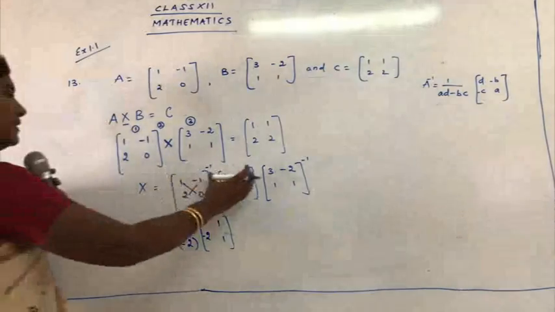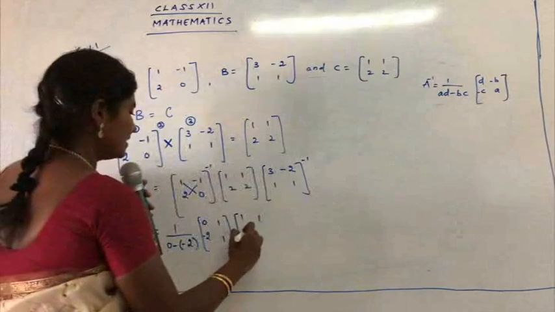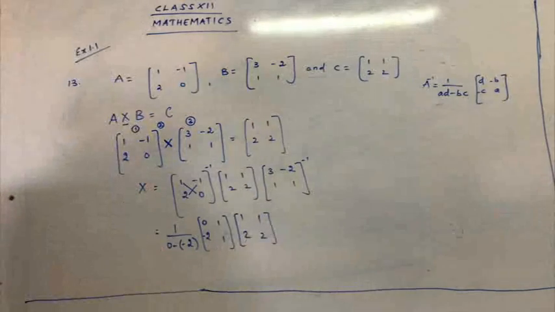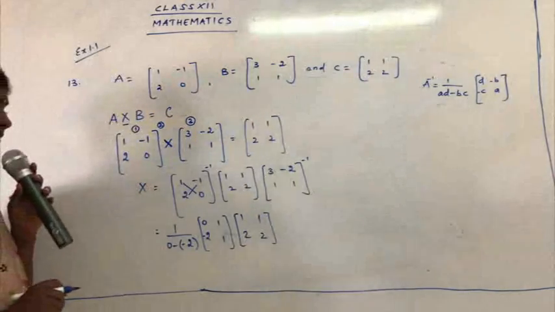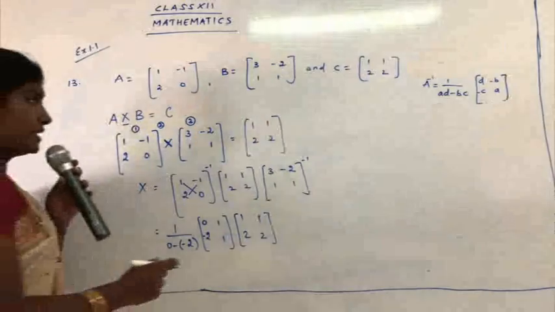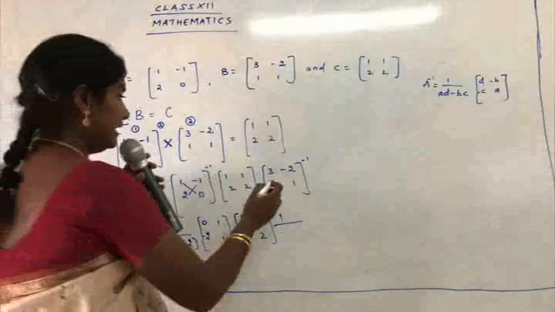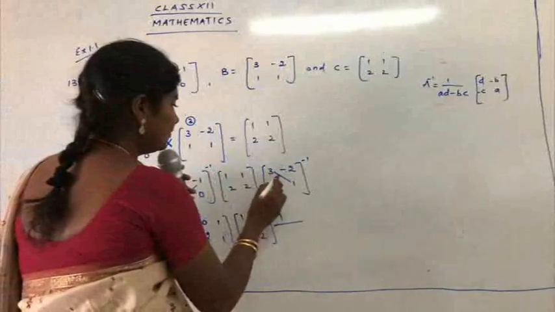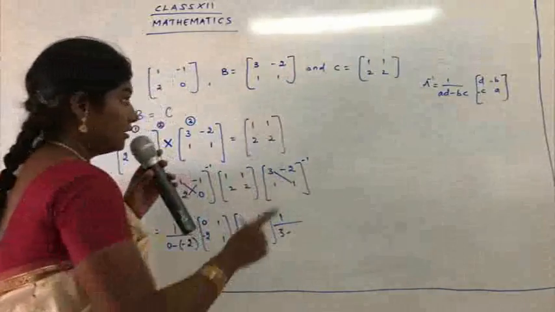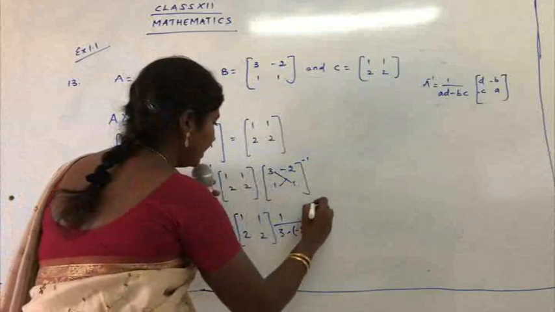So this matrix will be kept as it is because we are not going to find any inverse for it. So keep this as 1, 1, 2, 2. Let's follow the same formula for the third matrix. That's 3, minus 2, 1, 1. So let's write down the first part here. 1 upon AD minus BC. AD. What is AD? 3 into 1. That's 3 minus BC. That's 1 into minus 2 gives you minus 2.